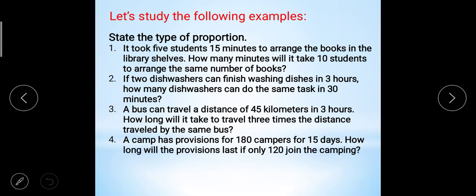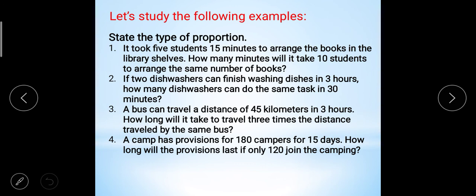And then yung number of hours, 'di ba, from 3 hours bumaba siya into 30 minutes. So yung isa is bumaba. Yung number of dishwashers na kailangan, sa tingin mo bababa or tataas? We don't need the exact number of dishwashers ha. Kailangan lang nating alamin kung bababa siya or tataas. Tataas.